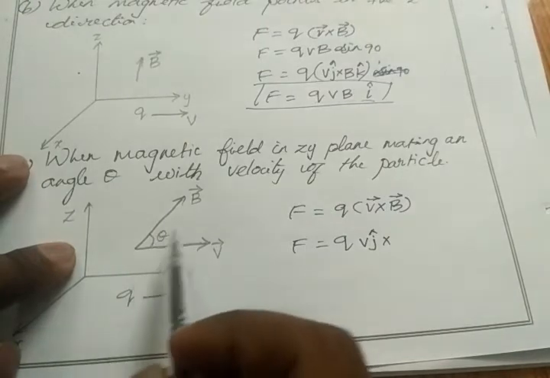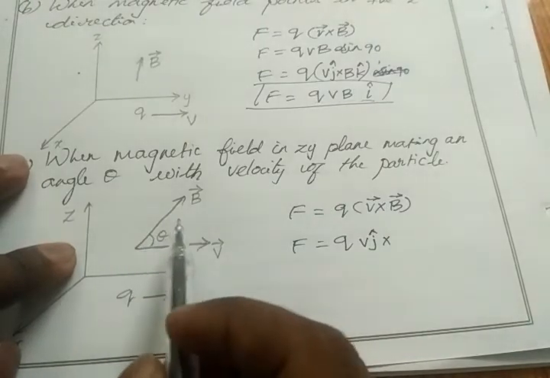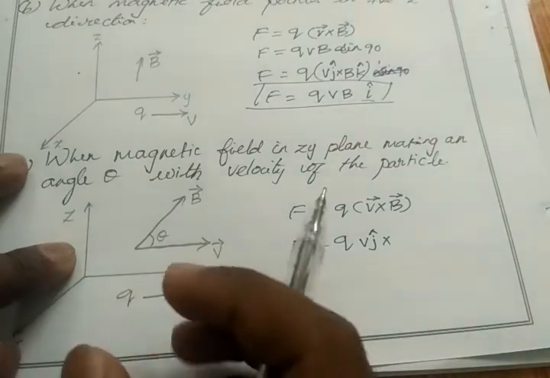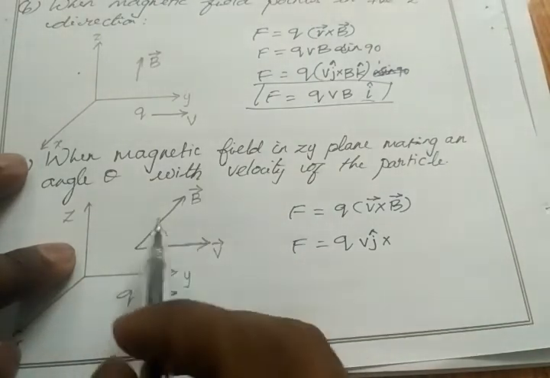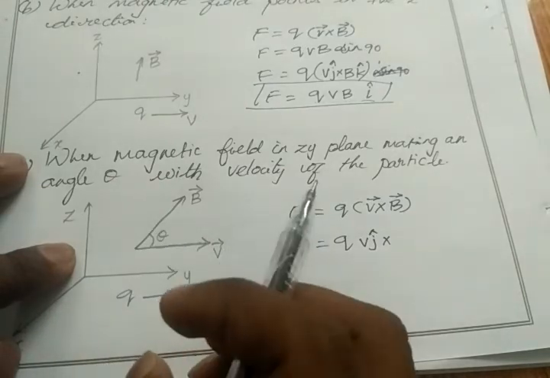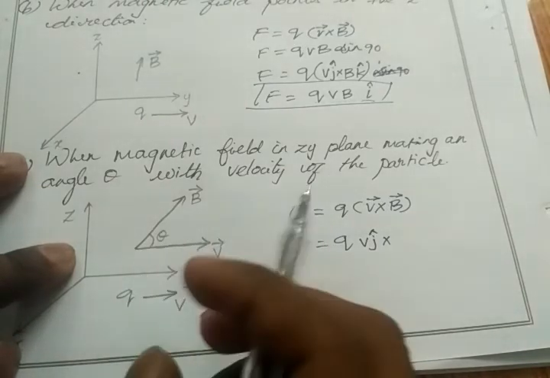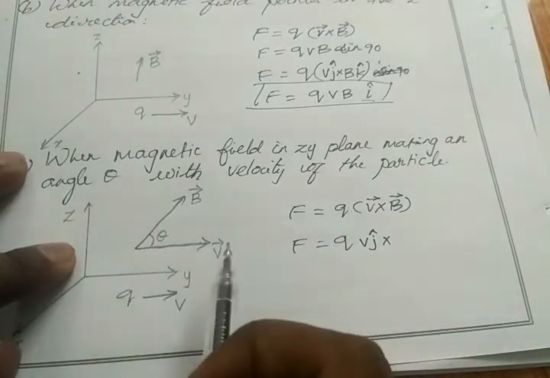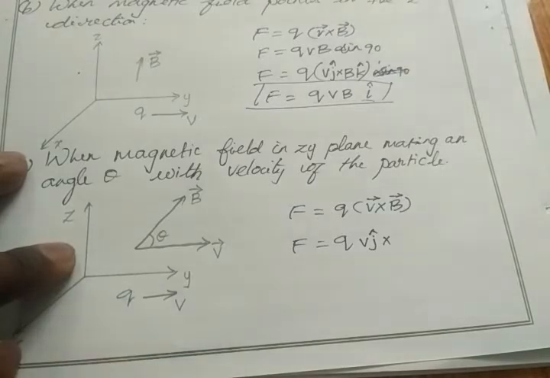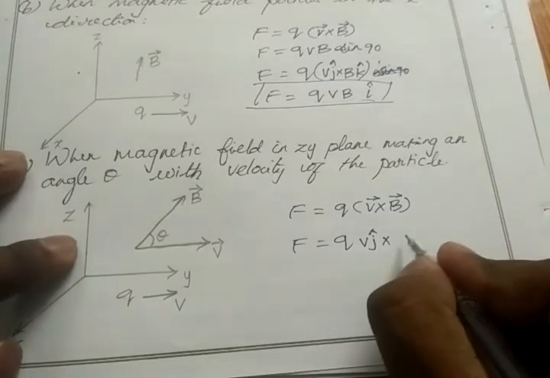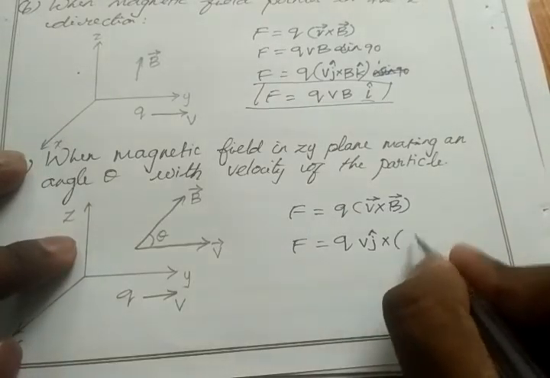So whenever B creates an angle of theta, then I can solve this by using resolving components. Okay, remember we already solved this by using resolving components. Whenever some angle theta is created, we solve that magnitude with resolving components. We take it as sine theta, cos theta. Horizontal component as cos theta, vertical component as sine theta, right? So here also we solve in same way. So for B, I can take two components.